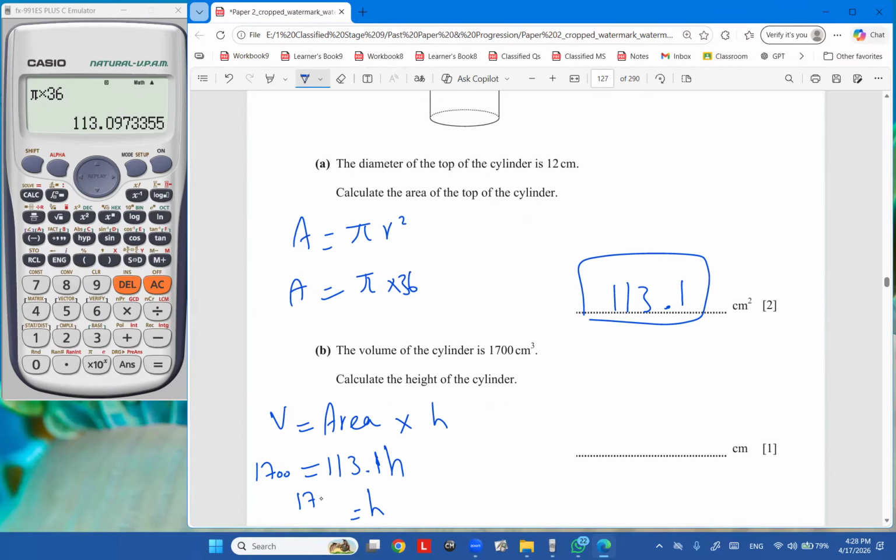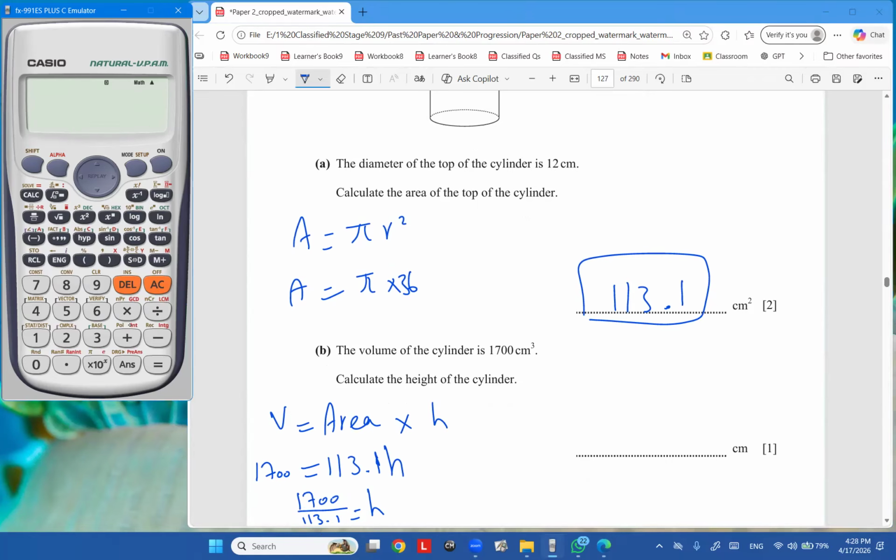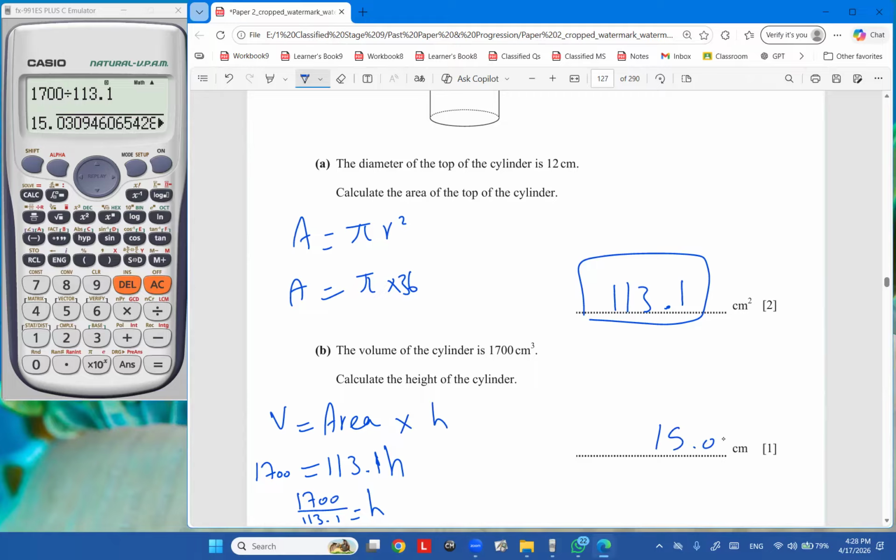It is 1700 over 113.1. So dividing 1,700 by 113.1 equals exactly 15.03. So you can write over here just 15.03, which is going to be enough. Okay, so this is the height.